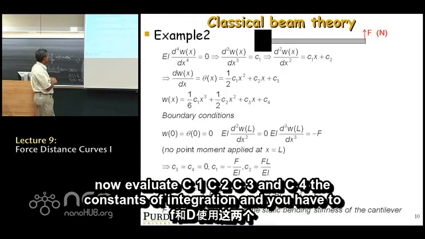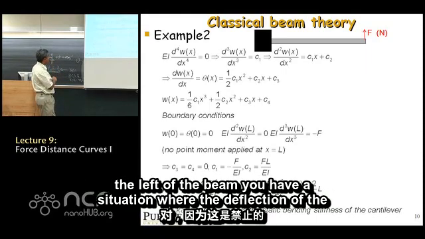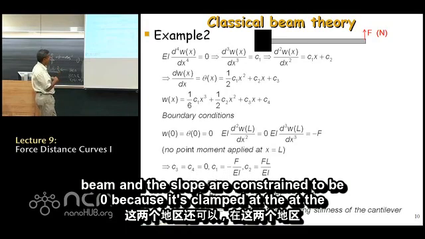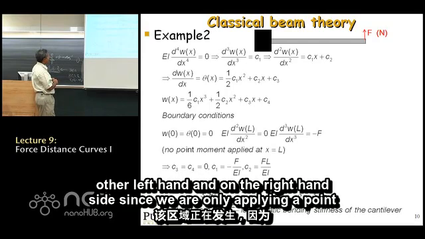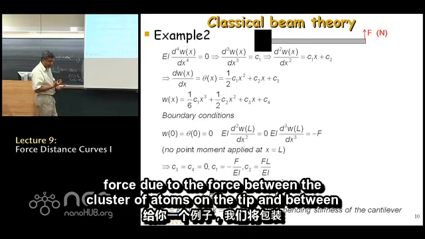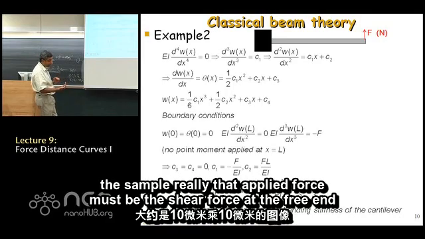And you have to use boundary conditions for that. So on the left of the beam, you have a situation where the deflection of the beam and the slope are constrained to be 0 because it's clamped at the left end. And on the right-hand side, since we are only applying a point force due to the force between the cluster of atoms on the tip and the sample, really that applied force must be the shear force at the free end.